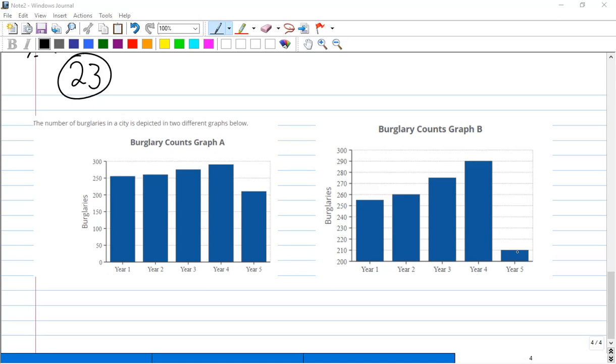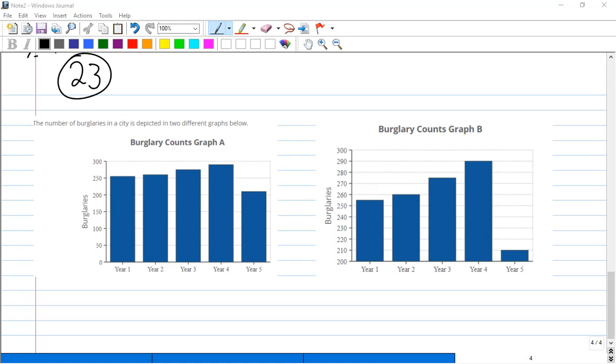I mean, it just makes it look like it's not even maybe a 10th or so, or maybe an 8th as many. But actually, you got 210 in year 5 and 290 in year 4. Now, was there a drop? Yes, but it's definitely not as little as this is making it out to be.